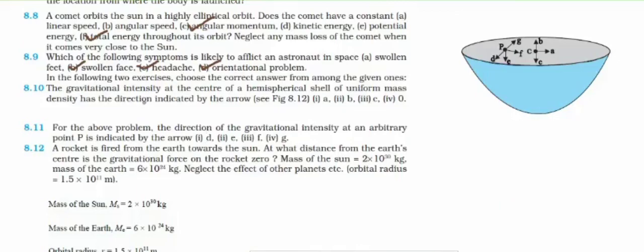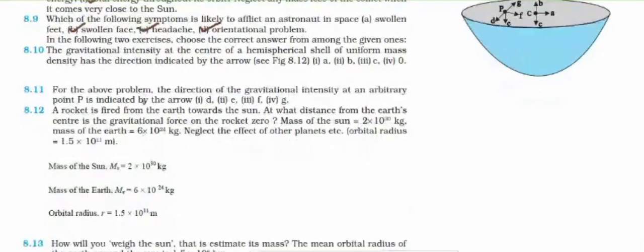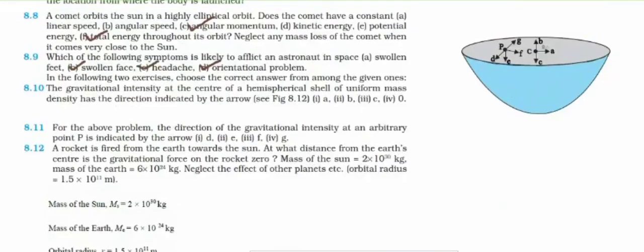Next, question 10. The gravitational intensity at the center of a hemispherical shell of uniform mass density is in the direction indicated by arrow. So here the diagram is given. This question is about this object placed at the center. This is a hemispherical body. It is completely filled with the matter. It's not hollow.